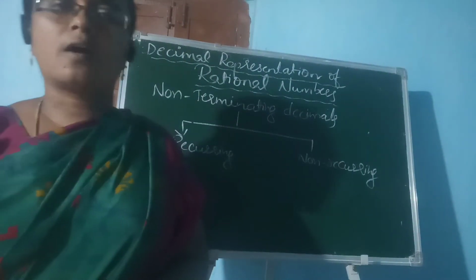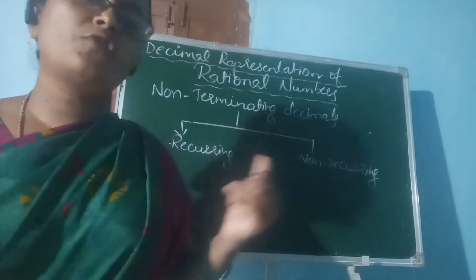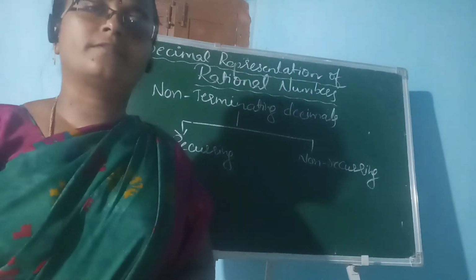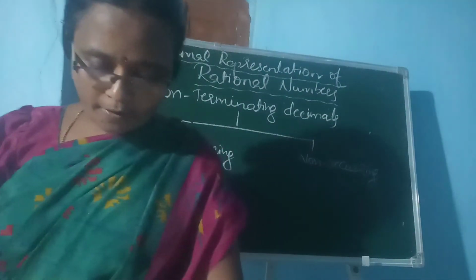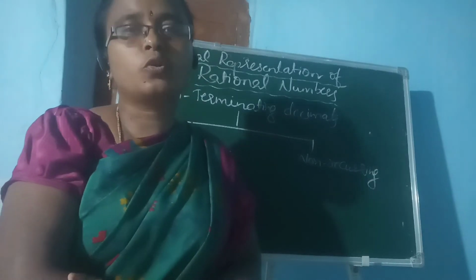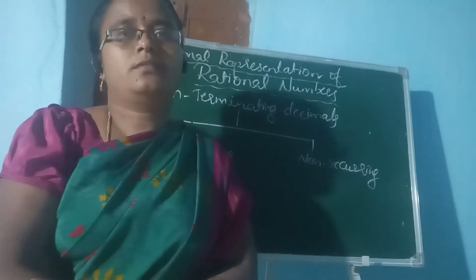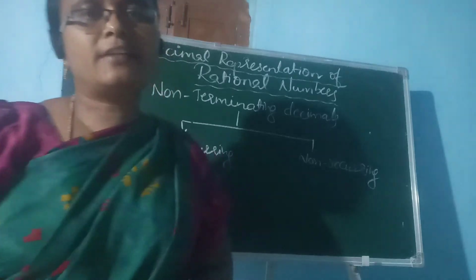Previously we have observed terminating decimals. Now we are saying the non-terminating decimals, and this is again divided into recurring decimals and non-recurring decimals. So we shall see examples of those, then you can get a clear vision of those decimals.